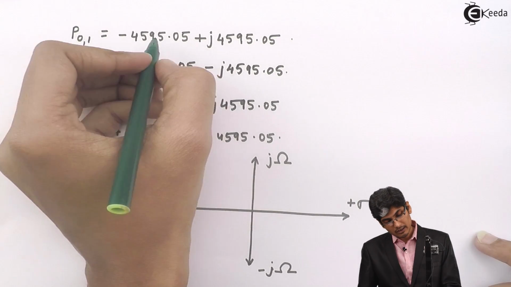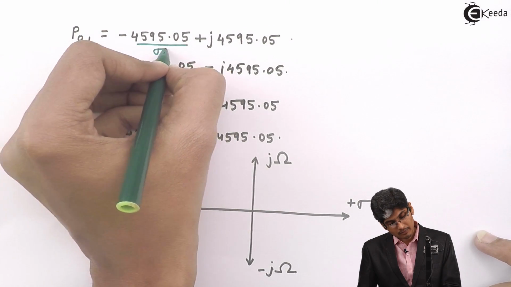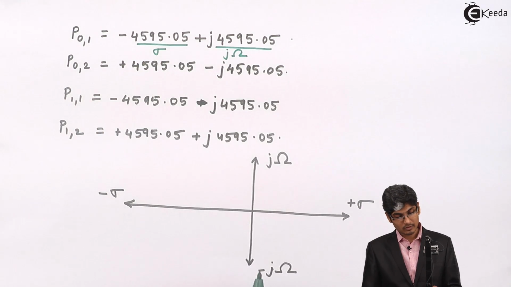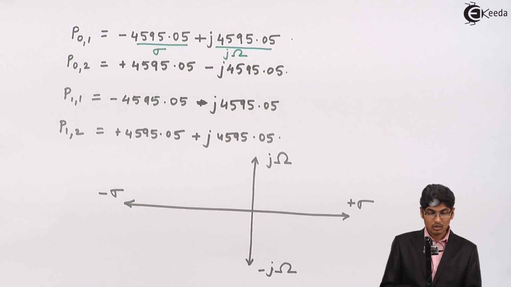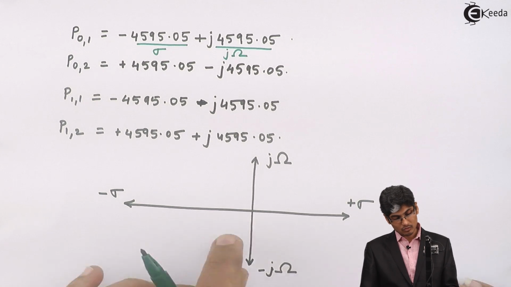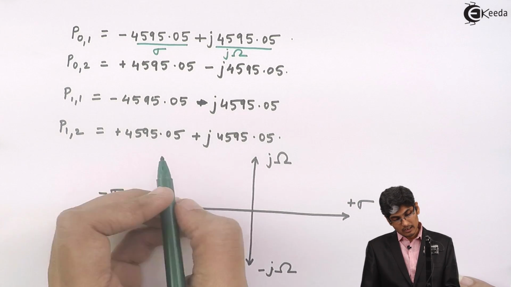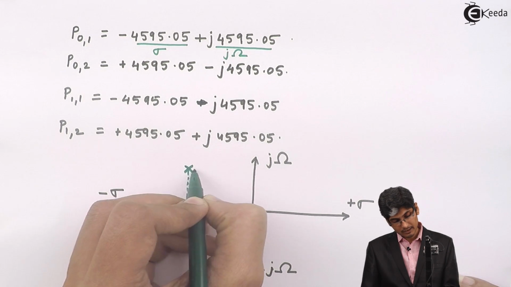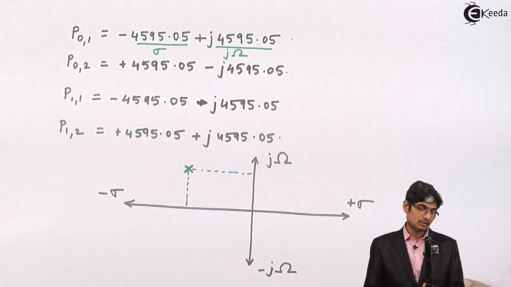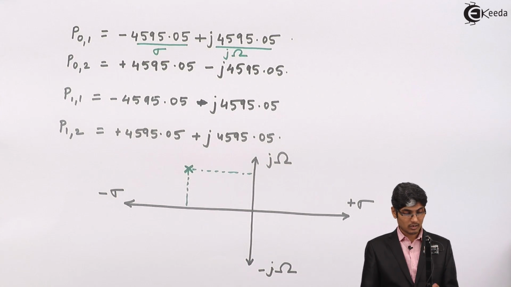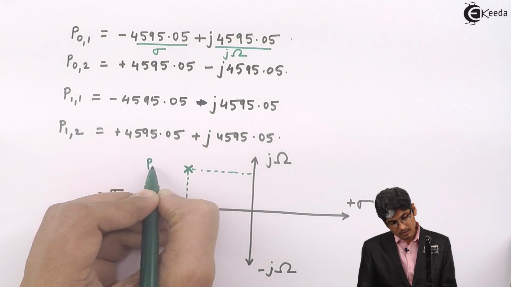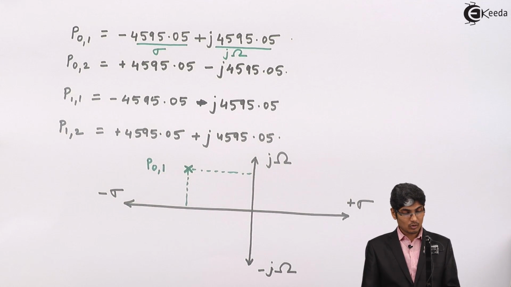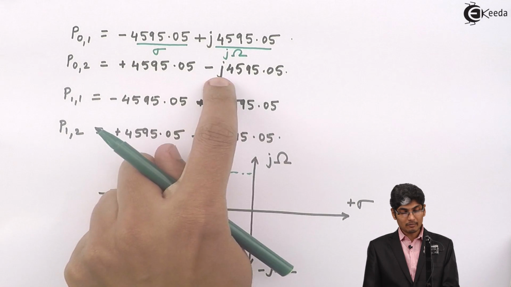Now in this plane, this is my sigma and this is j times omega, right? So let us plot the first value, minus and plus. So minus sigma and plus omega, that means that pole will be somewhere around here, minus sigma plus j omega. Let's say this is P01. Next is P02, which is plus and minus.